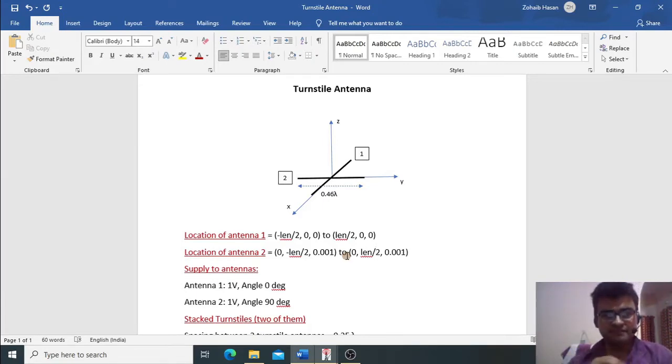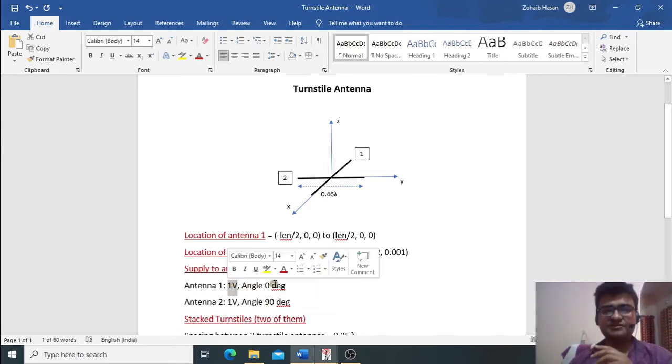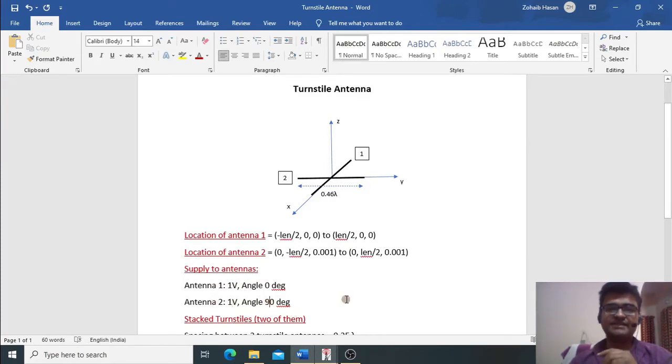And now let's come to the power supply given to this antenna. The requirement of a turnstile antenna is to keep these two antennas 90 degrees out of phase in terms of the supplied phase. As you can see here, I have given the first antenna a 1 volt 0 degree supply and the second antenna a 1 volt 90 degree supply.